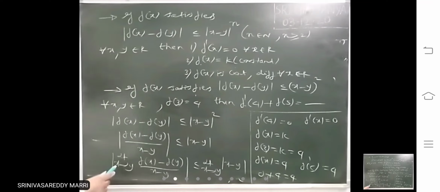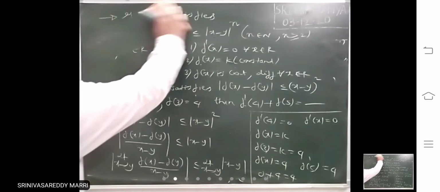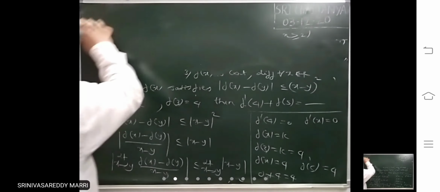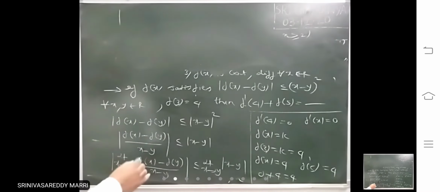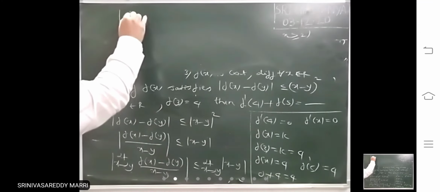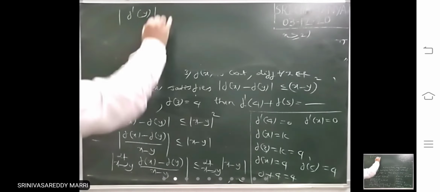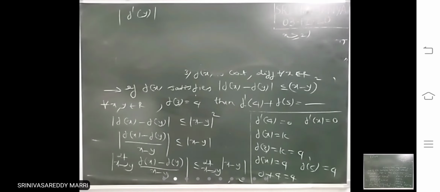So if you look at here, limit x tends to a, f of x minus f of a divided by x minus a, according to the definition, that is f dash a. That means a is y here. So modulus f dash y, according to definition.